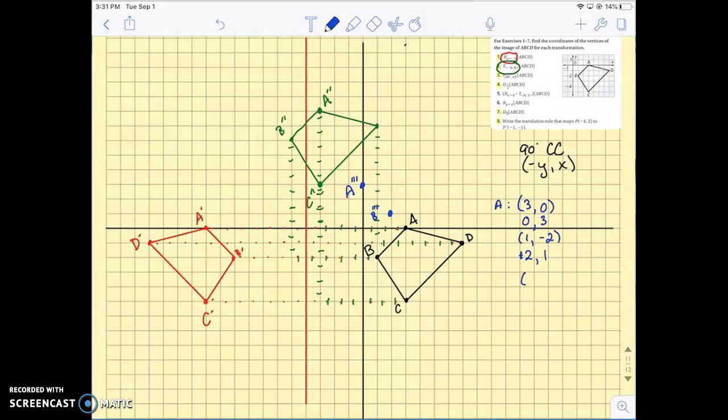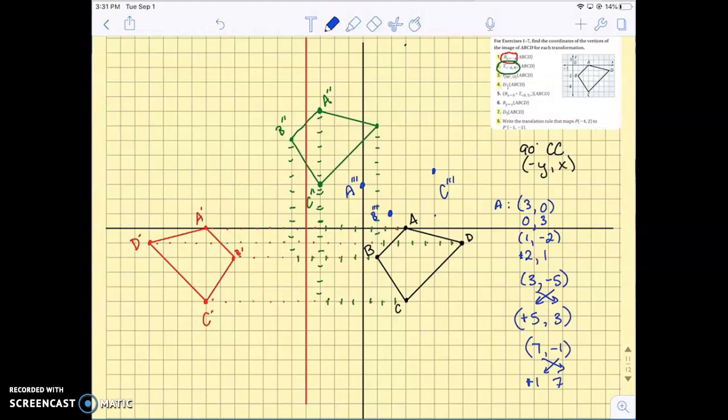C is at 3, -5. Swap them first, right? And then I'm going to change that sign. So 5, 3. There's C triple prime. And then finally D is at 7, negative 1. I'm going to swap them, and then I'm going to change that sign.